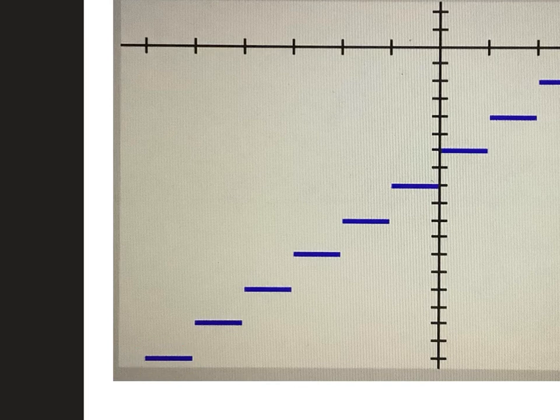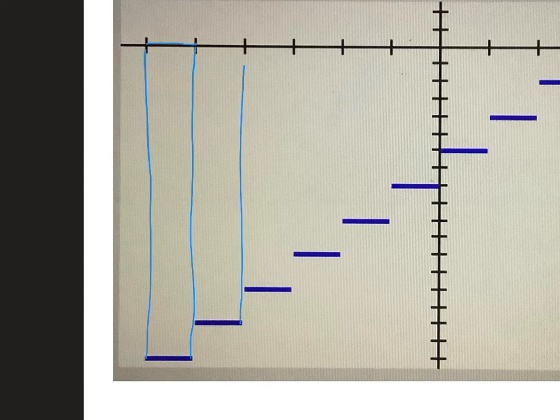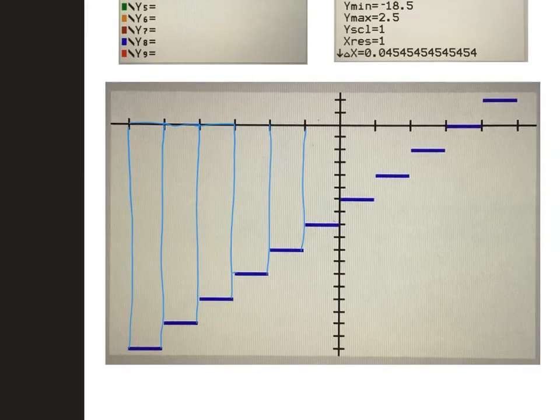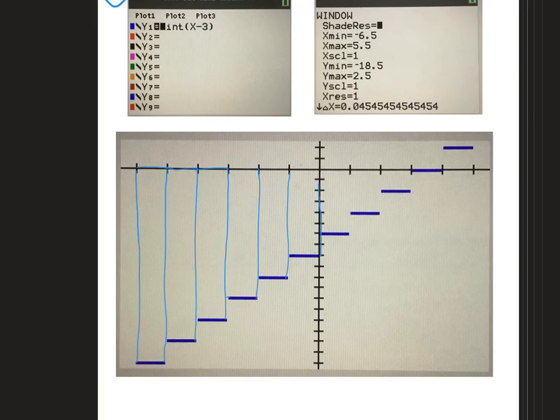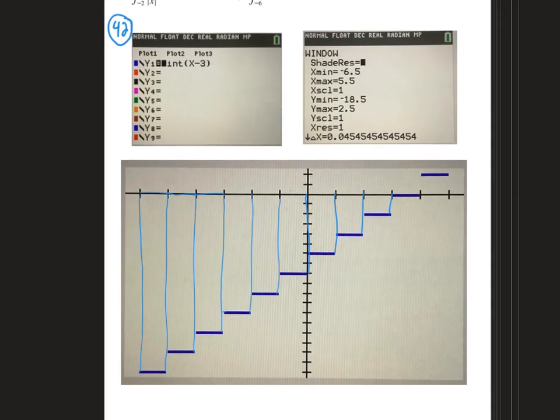So all you do is draw lines to the x-axis here, and then you find the area of that rectangle, and you do the same thing with the next one. All these rectangles you're finding the area of. All the ones that are below the x-axis will be considered negative area, and the ones above the x-axis will be considered positive area.